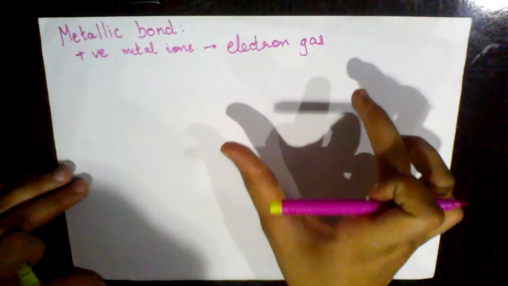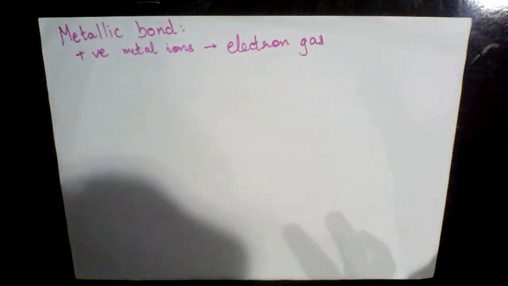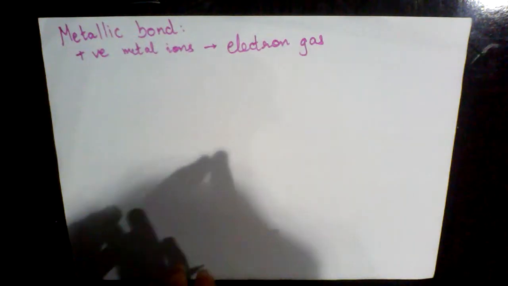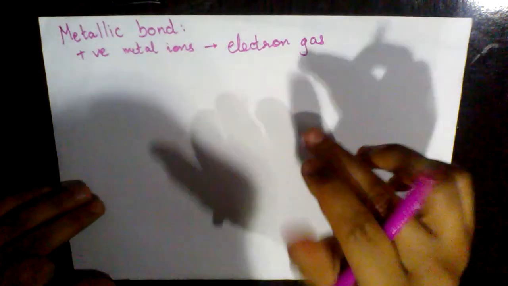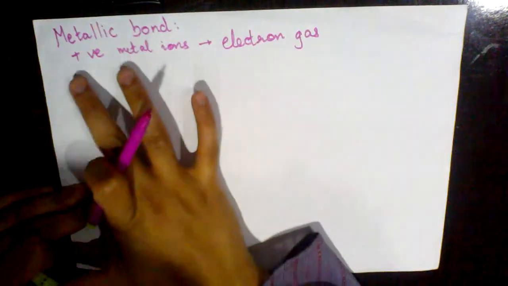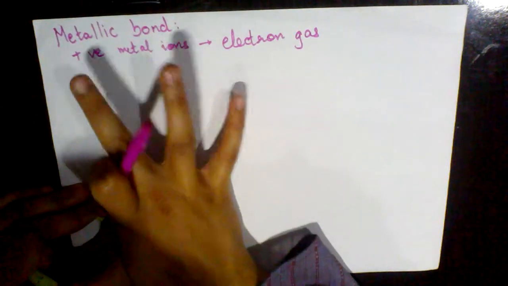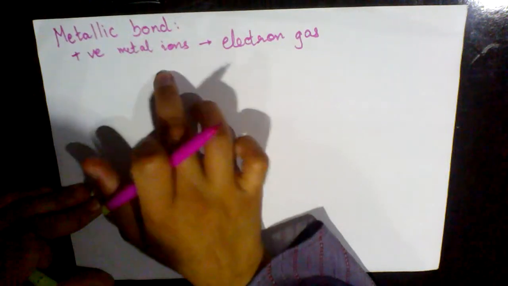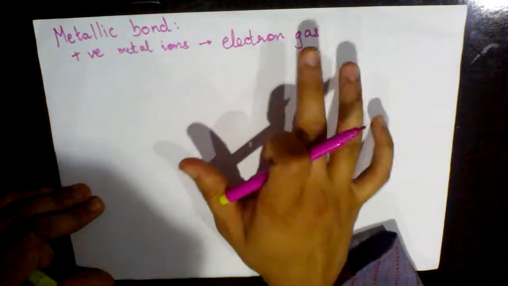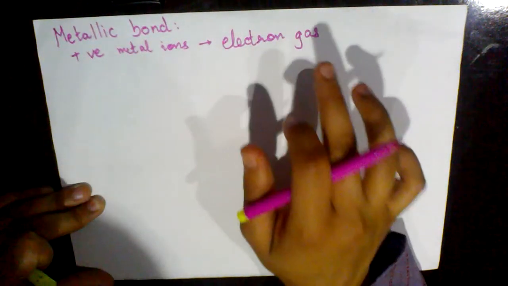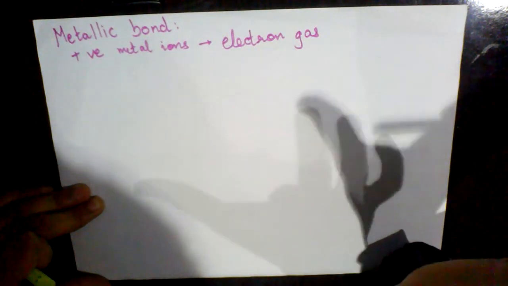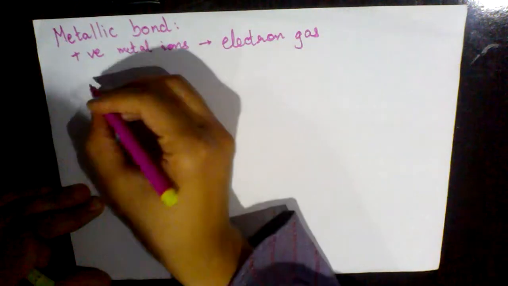The electron gas is the negative electrons, and the population of all those negative electrons is known as the electron gas. And we know that there is a force of attraction between two opposite charges. So you have these positive metal ions and the population of electrons, or the electron gas. Now these positive metal ions are also known as kernels.